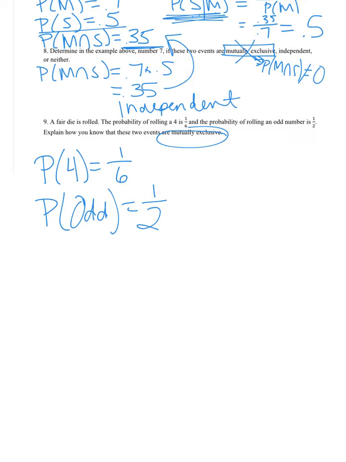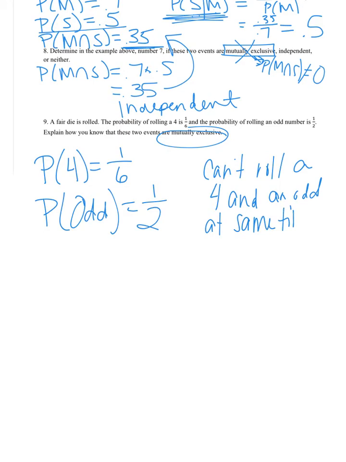Okay? So you can't roll a 4 and an odd at the same time because 4 is not odd. That's it.